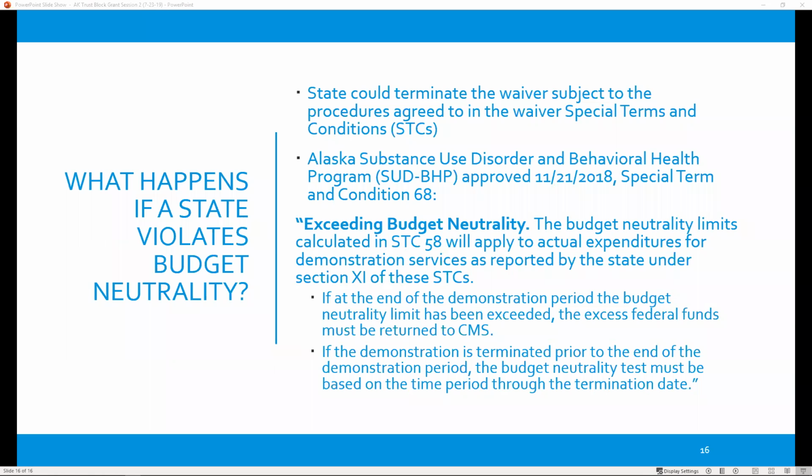But that's not to say you don't have to worry until the last quarter, quarter 3 of the 4th year of the waiver. Obviously, that would not be advisable, and neither the state nor CMS would really do that. So the federal funds are not going to get cut off.